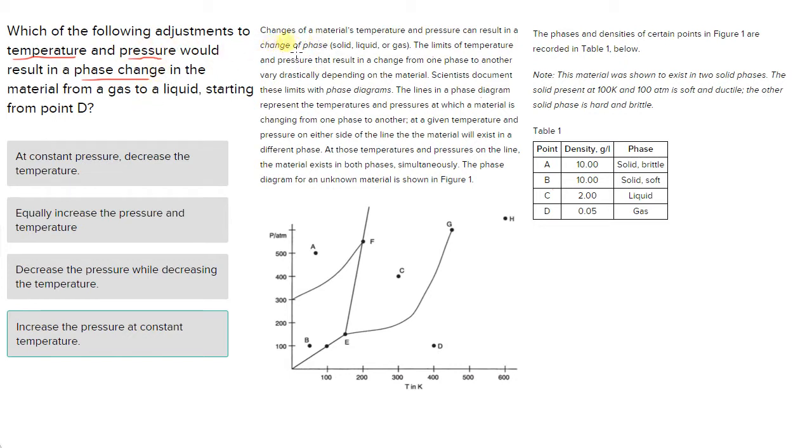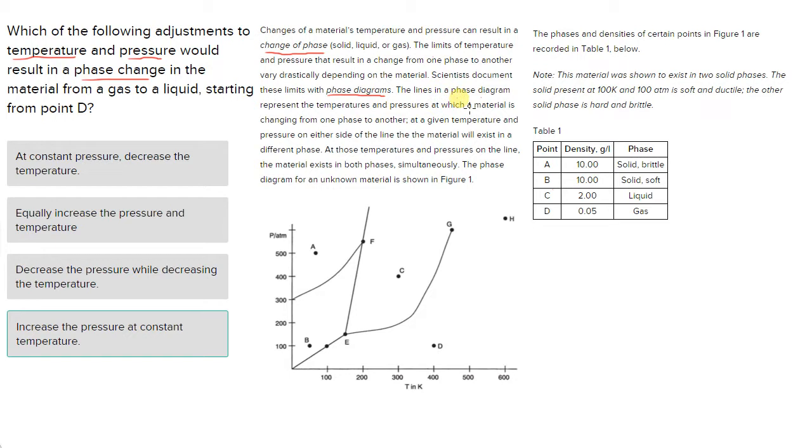So here we can see that we're talking about a change of phase. When a material goes from a solid to a liquid or to a gas or anywhere in between, the limits of temperature and pressure will result in a change from one phase to another very drastically depending on the material. We talk about these limits with phase diagrams.